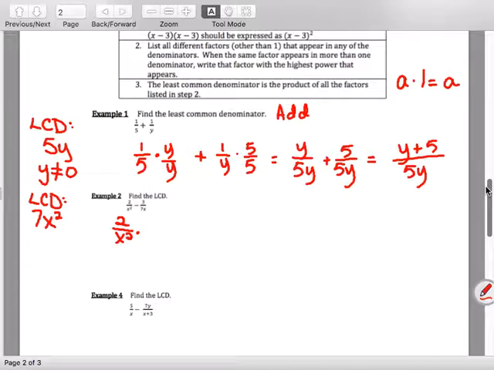So Carter, if the LCD is 7x squared and I have x squared, what would I need to multiply by that gives me 7x squared? 7. Yes, you got it. That's 7 over 7. All right, what do I multiply by to give me the LCD of 7x squared?